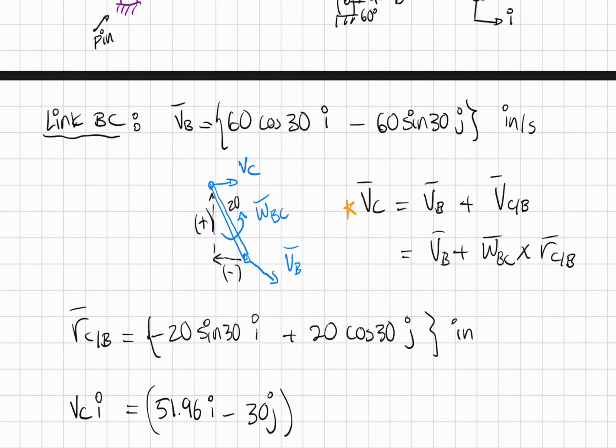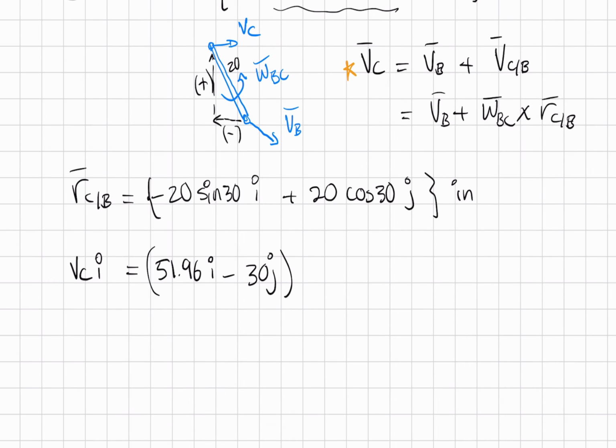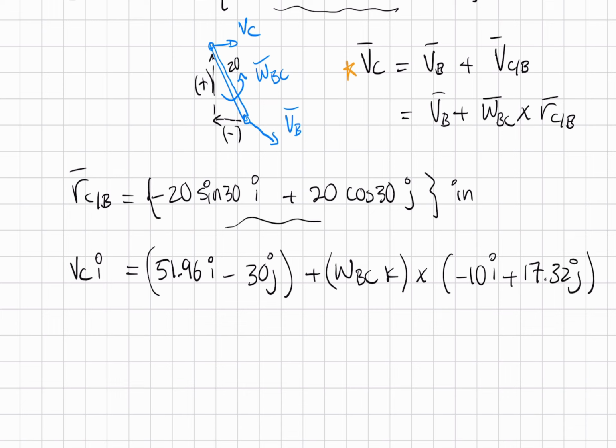And that's just velocity B. So if we simplify this, we get something that looks like this down here. Plus omega BC K. So omega BC is always rotating about this vector that's coming out of the page. So that's the K vector. Cross product minus 10 I plus 17.32 J. And that's really an expansion of this.